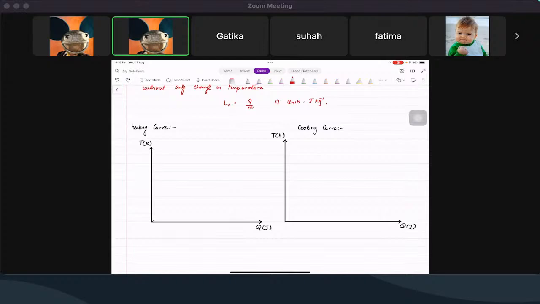So suppose first line like this, let me make it bigger. Okay, and then a flat line, and then this, another flat line, and then this. Okay, in cooling curve it would be like this. Okay, I need to make it a bit steeper.